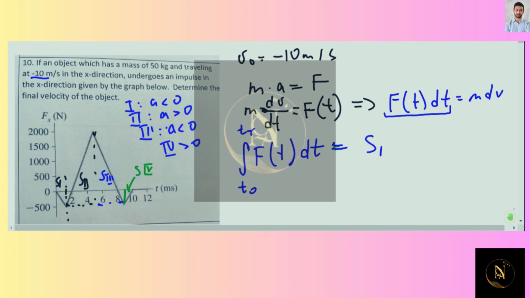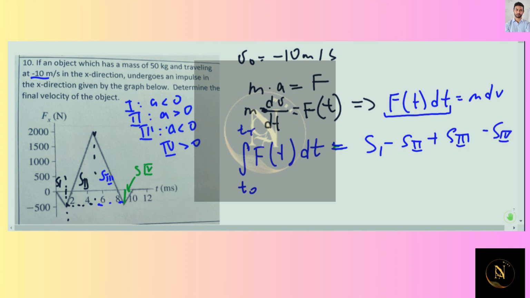If we take into account that during S1 the object is accelerating because it initially had negative speed, so during the first process its speed is increasing in absolute value, then this integral equals S1 minus S2 plus S3 minus S4. Now let's look at the areas.